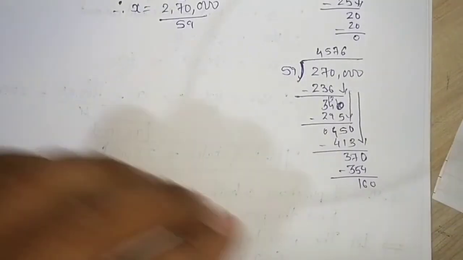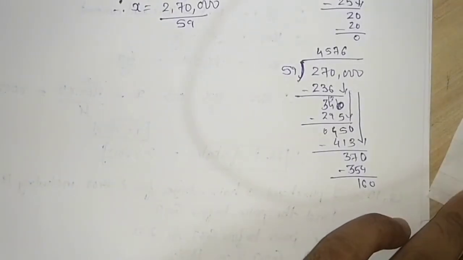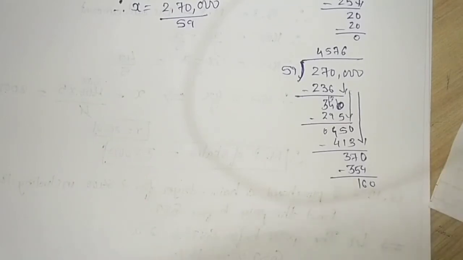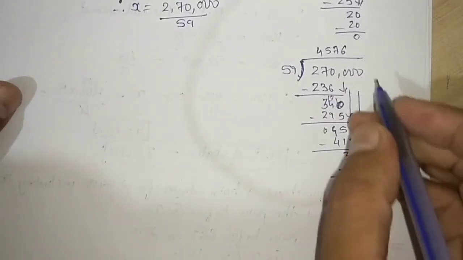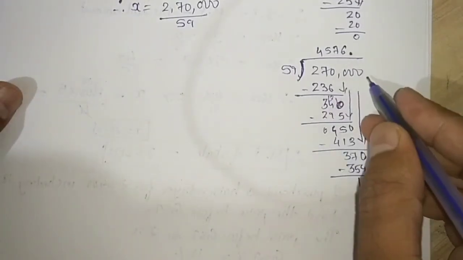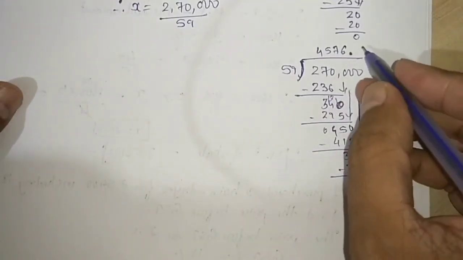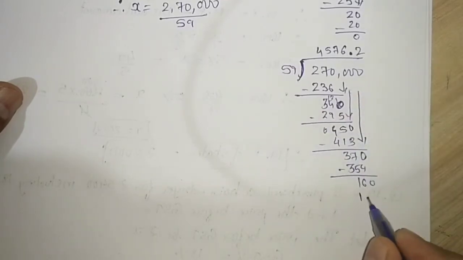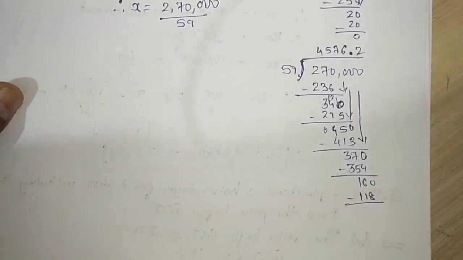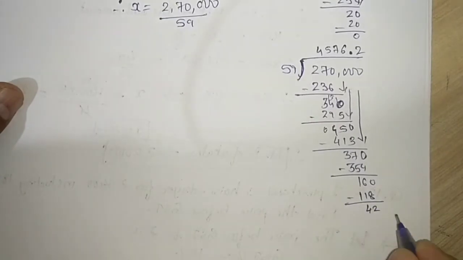So 59 3s, let me calculate. 9 3s are 27, 5 3s are 15, and 2 is 17. So I will get only 59 2s, but I will place the decimal point so that I can get 0. 59 2s will give me 118. 160 minus 118 will give me 42.